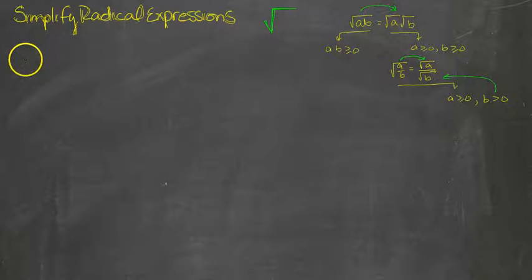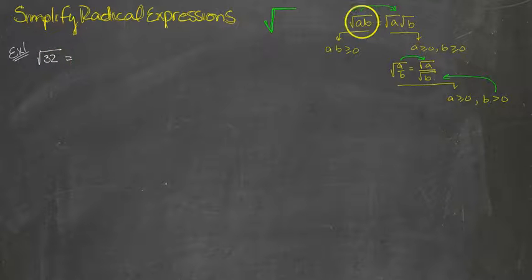We're being asked to use the product property of radicals to simplify a radical. So I have example 1, the square root of 32. Now, in this case, I can actually do anything I want.